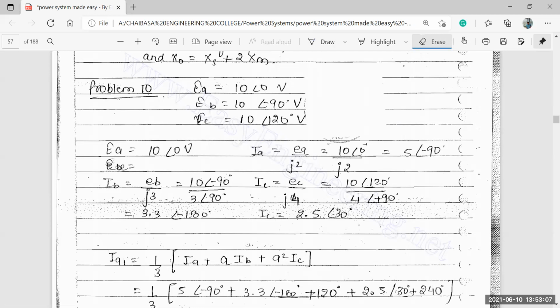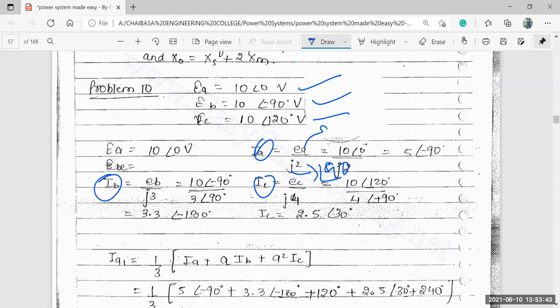As we know, I equals V by R or V by Z. Using that formula, we are able to find your I_A, I_B, and I_C values, where the voltage values for A, B, and C are given very clearly. Then this will be E_A by j2. For j, we can always write a 90-degree angle.